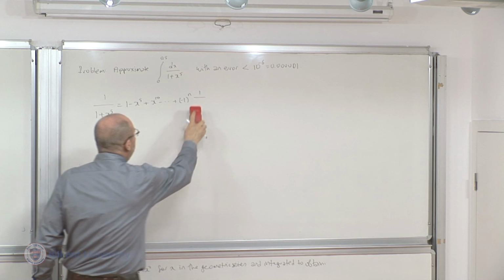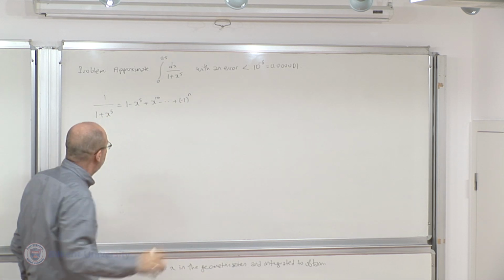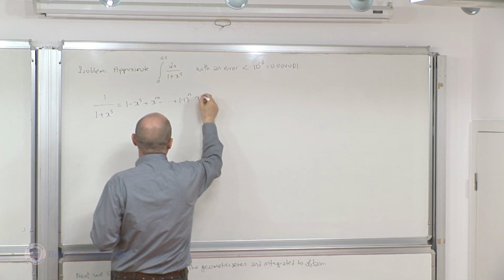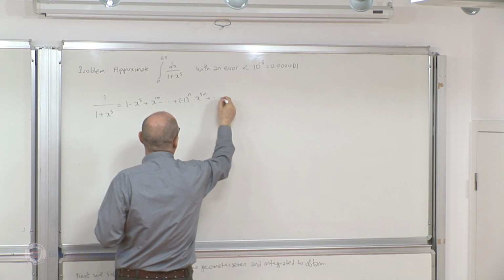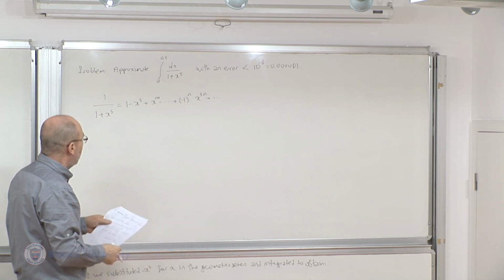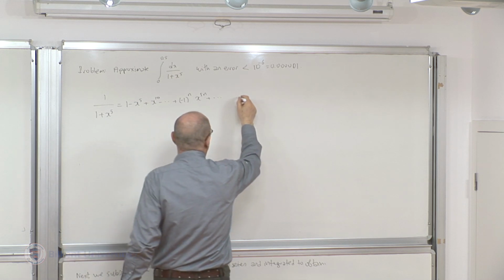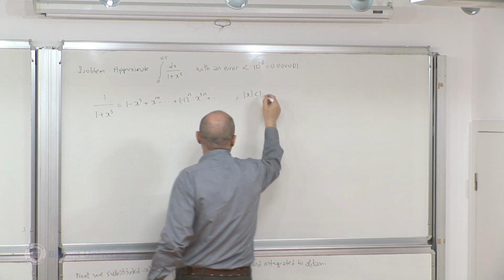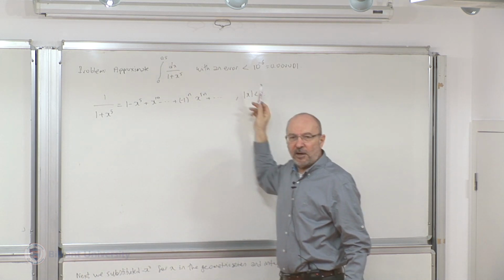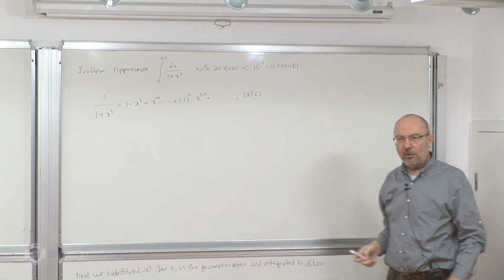Before the integral, I just have the term x to the power 5n. I have to remind myself where this is valid. I check that 0.5 is in this interval, so I can continue.